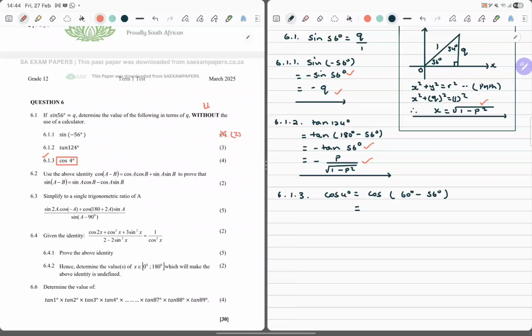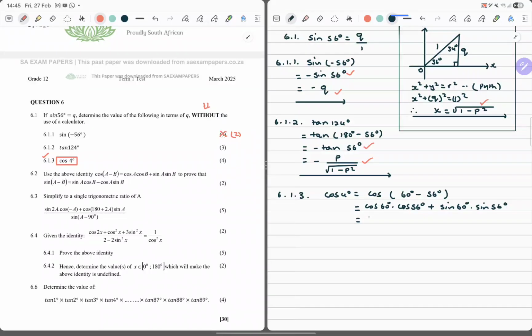It's a compound angle. So cos of the first angle times cos of the second angle. The sign changes. Sine of the first angle times sine of the second angle.